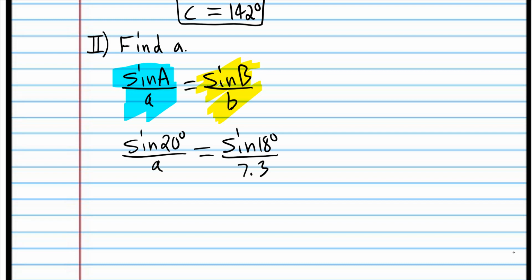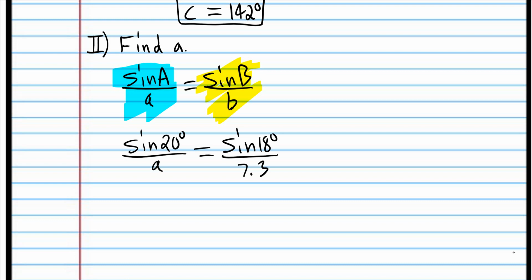Now, usually you only want to show students one method because you don't want to confuse them, but I'm not going to force you to use any particular method. At this level of math, you want to use methods that are quick. You need to start to speed up when it comes to basic algebra.